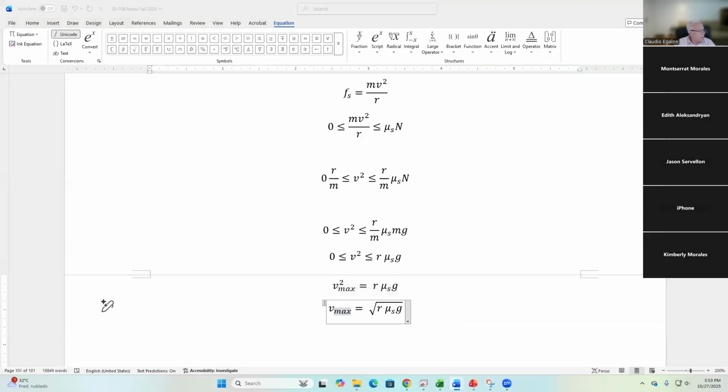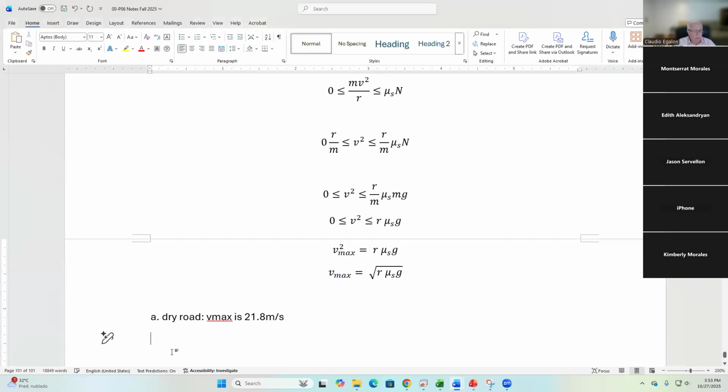Get your calculator or your spreadsheet and plug in the numbers. So for dry roads, we use that value for the coefficient of static friction. We get 21.8 meters per second.